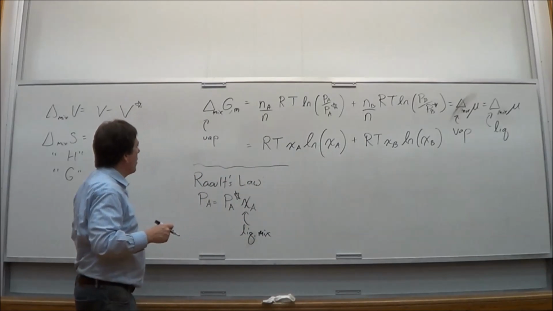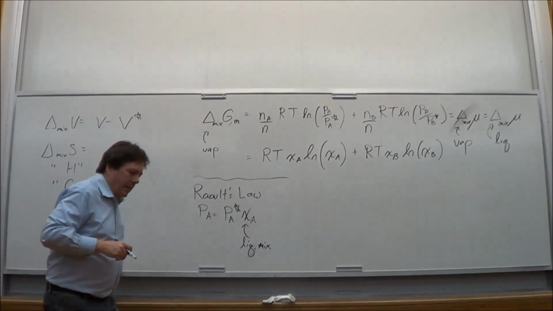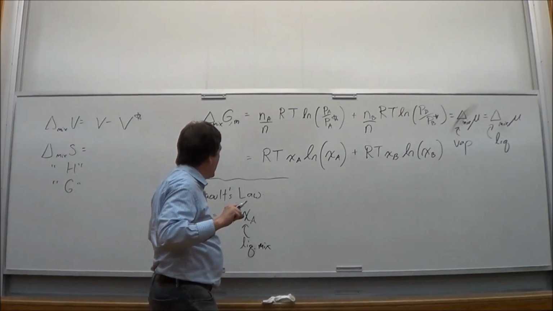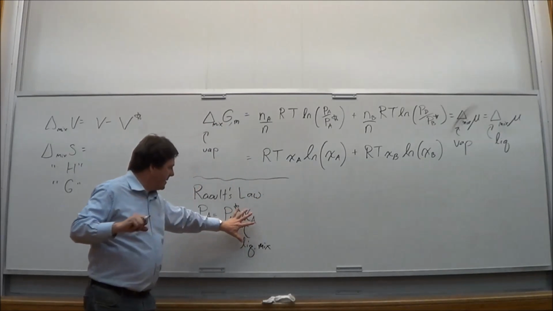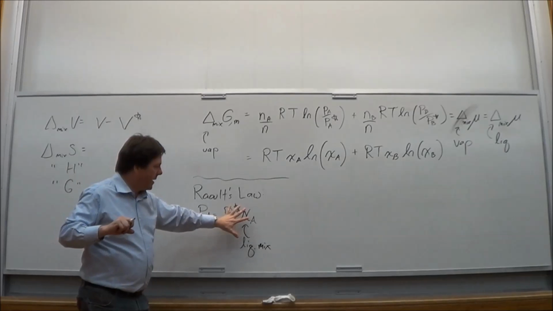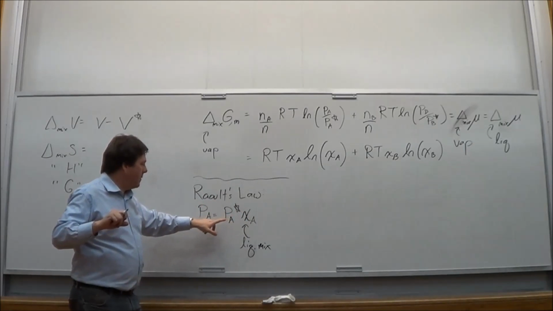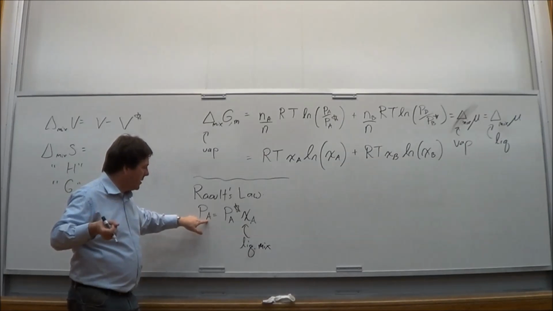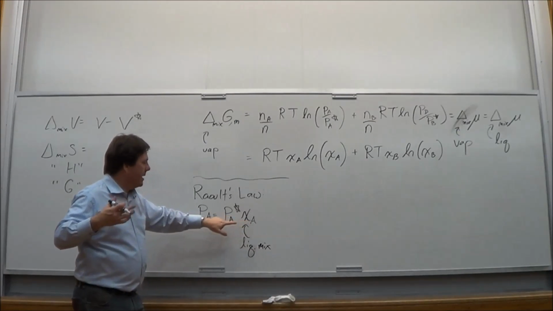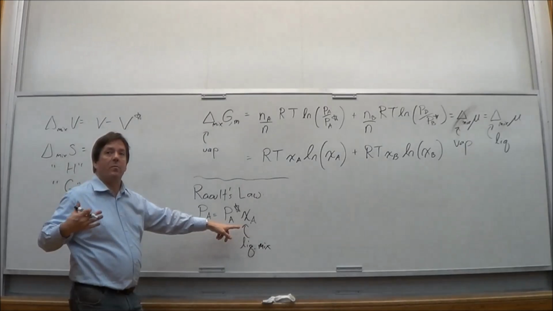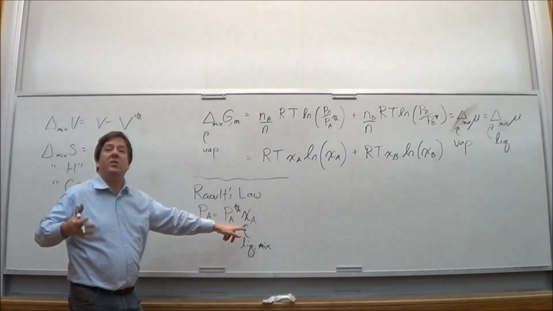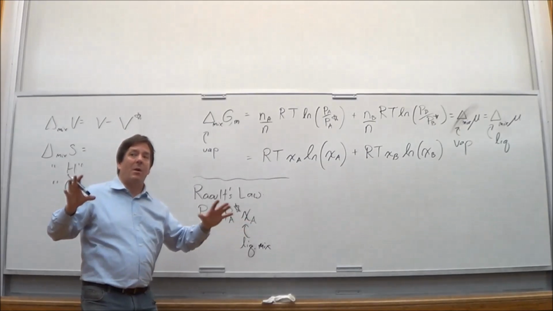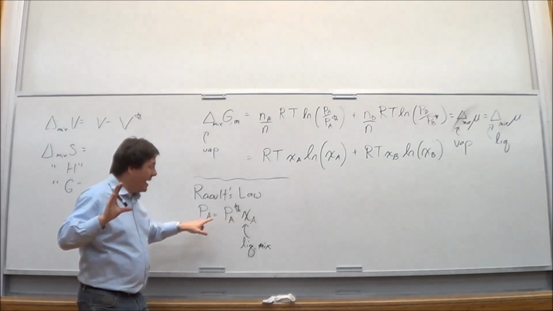And here, I'm going to need a new board. All right. Before I get into that, I just want to point out that if I use this thing called Raoult's law again, the vapor pressure of a gas in equilibrium with a liquid, and that liquid is mixed, its vapor pressure has gone down by the corresponding composition of the liquid from which it came. That's why it makes sense. And one of the more surprising things about physical reality is this actually doesn't work.